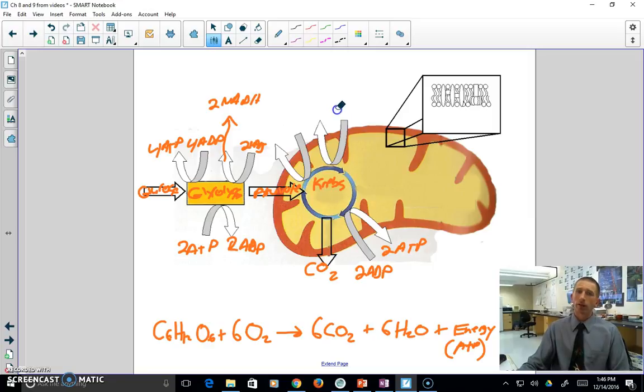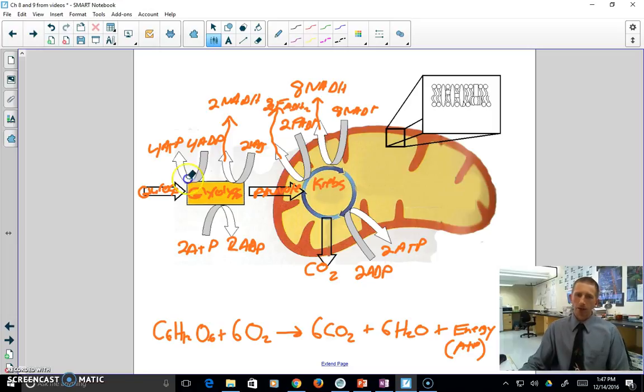Then we're going to take 8 empty baskets, NAD+, and make them into 8 full baskets, NADH. And similarly, we're going to take 2 other empty baskets, 2 FAD+, and make them into 2 FADH2. All right, sweet. So that's the Krebs cycle.